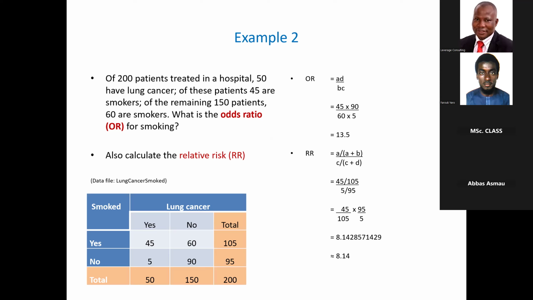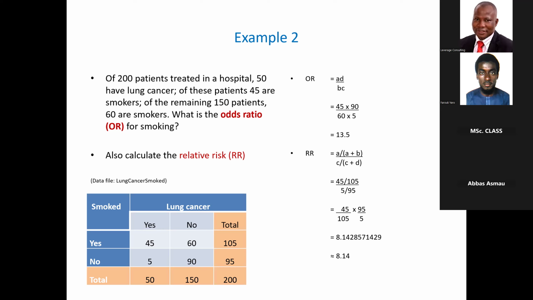If you calculate, that's 25%. But the other one, 30 over 1,500, is small. So you can see the disease is rarer in that one than in this one.